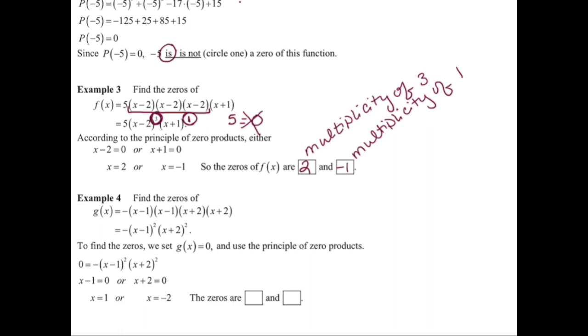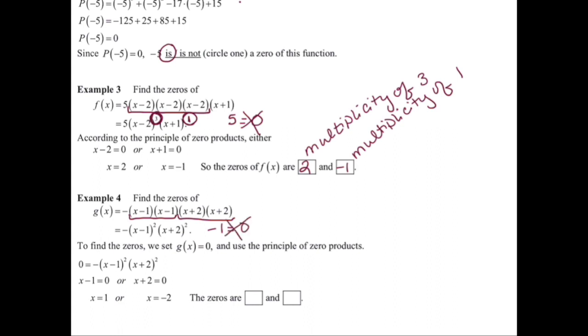Let's find the zeros of negative x minus 1, x minus 1, x plus 2, x plus 2. So I'm going to group the similar ones together. Here and here, they both have 2 of them. Again, I have that -1. If I set it equal to 0, it doesn't make any sense, so we can ignore it.